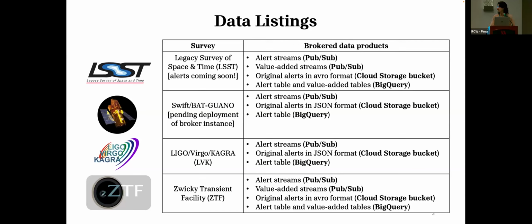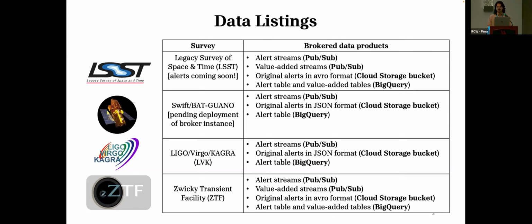What this slide shows here are some of the common cloud services that we use to distribute broker data products. These are namely Pub/Sub, Cloud Storage Buckets, and BigQuery tables. What's also shown in this slide, I think, is a reflection of the significant amount of effort that's been put to include additional surveys and collaborations to really allow the ability to conduct multi-messenger astronomy analysis.